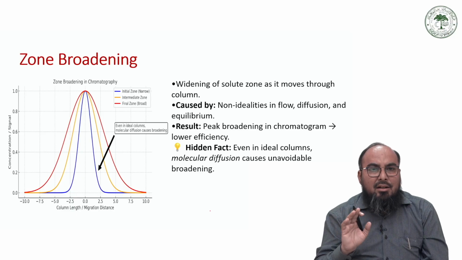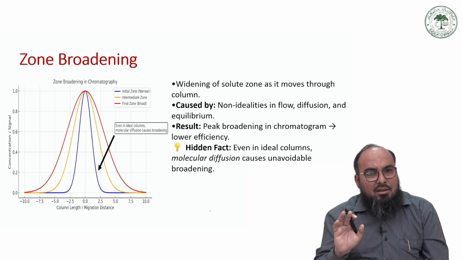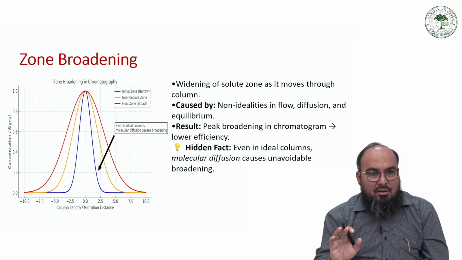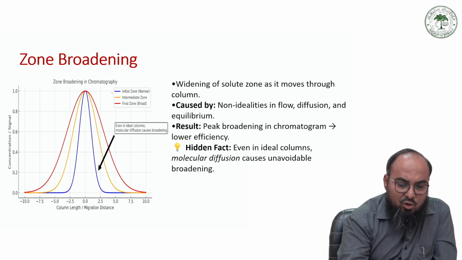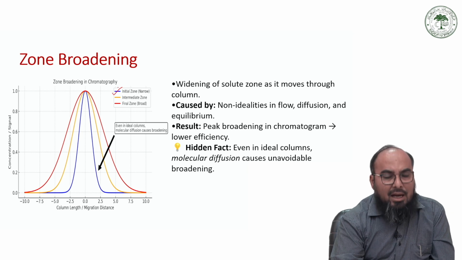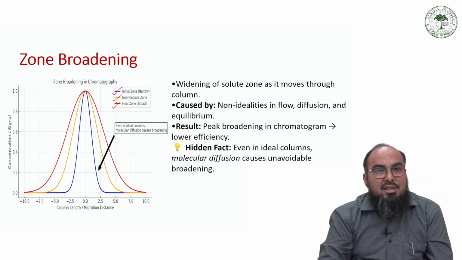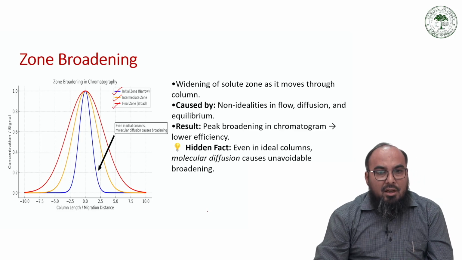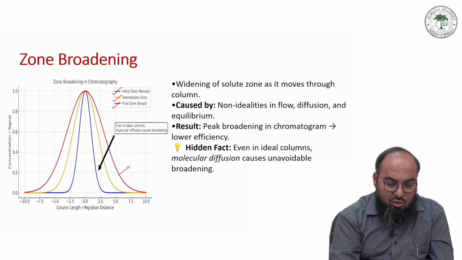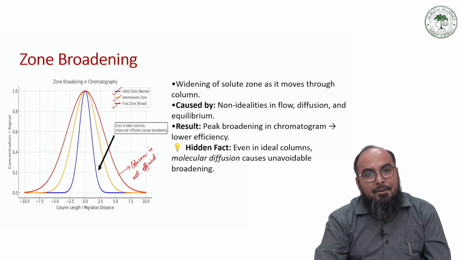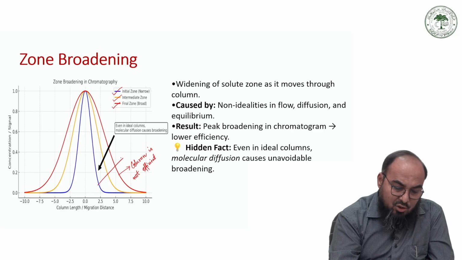So you can see three different colors giving you three types of band broadening. Blue is the initial zone, yellow is the intermediate zone, and the broad zone is depicted by red. This red zone means the column is not working efficiently, and the blue is actually an ideal curve.